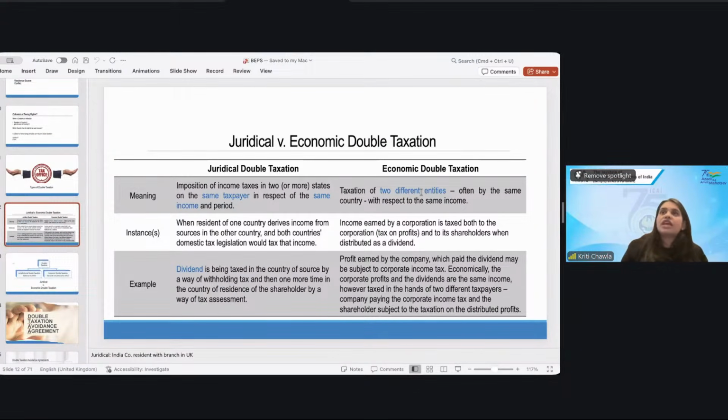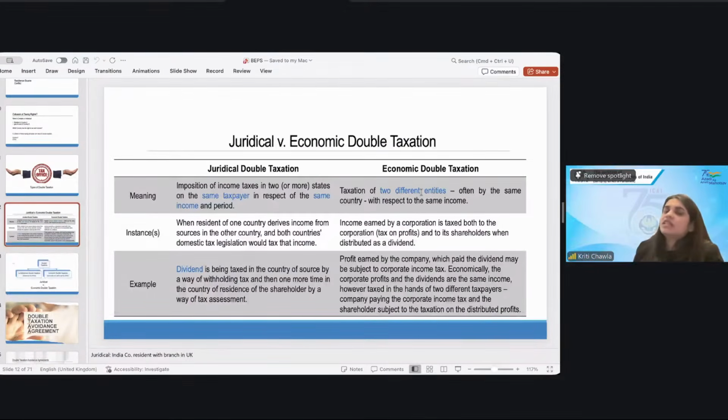Now, when the shareholders receive this particular dividend, they will also be paying a tax out there. So what has happened here is that the amount which was actually left after paying corporate profits tax was again subject to tax in the hands of the shareholders, as maybe a tax on their dividend.